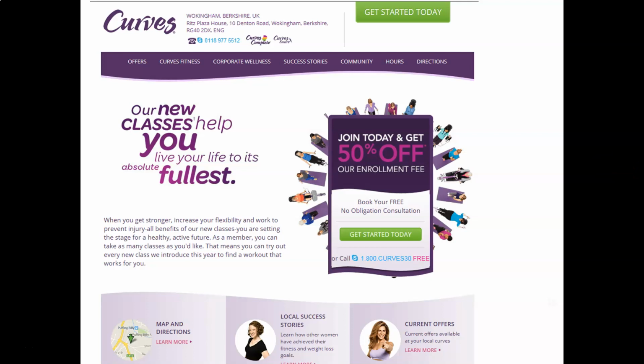Curves. I don't know if there are any Curves gyms in Hong Kong, but Curves is a franchise business, right? And it specialises in women only health and fitness. So women gyms, right? It is one of the biggest sports franchise gym businesses in the world, and it's female only membership.